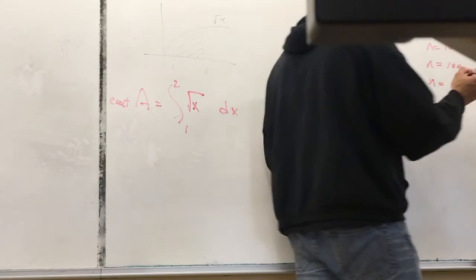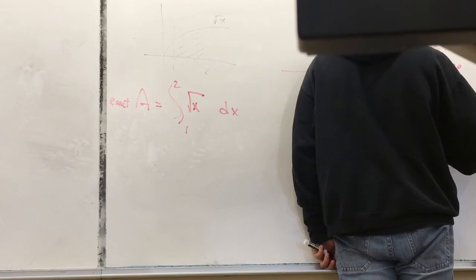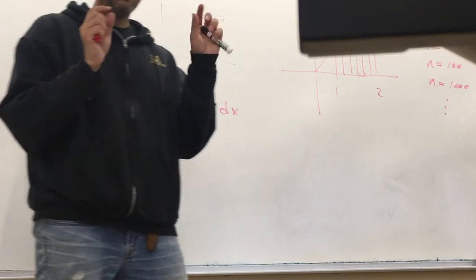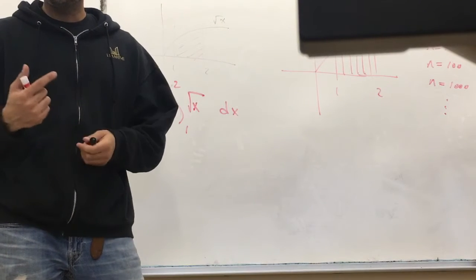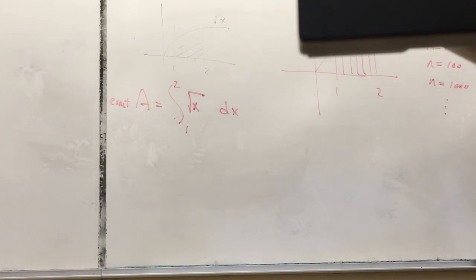You could find A of 10, A of 100, and A of 1,000, the area associated with how many n's you picked. Then you could find the difference between this area and the exact area. So your error would be the difference between A and your A_n.